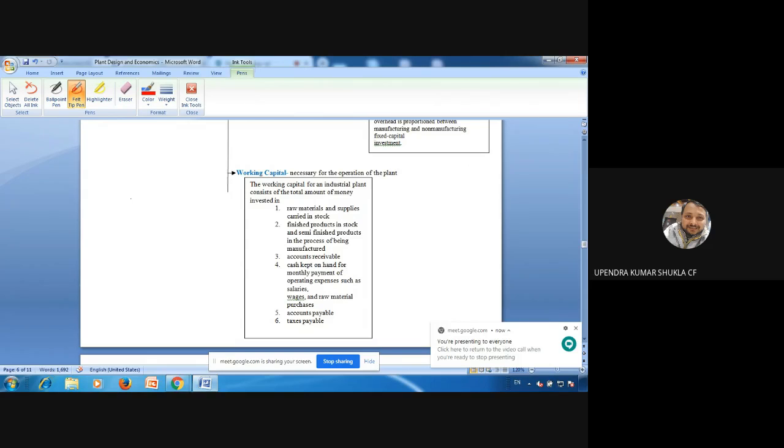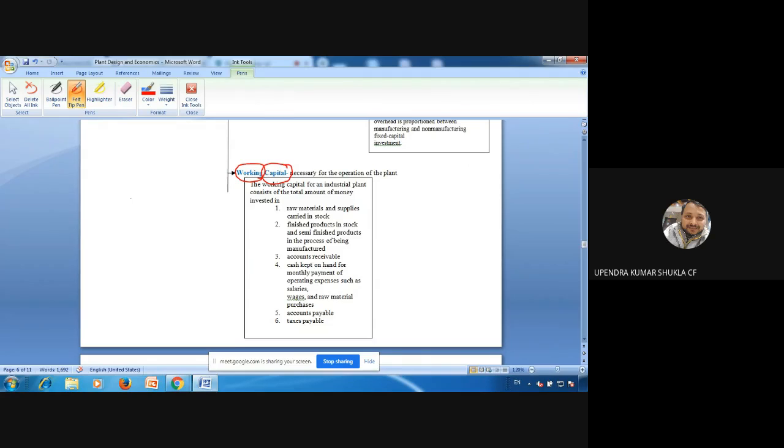Now as far as working capital is concerned, the word working means operation, necessary for operation of the plant. So capital means money that you have saved, and working capital means whatever capital saving you have, you need to invest it. So some part of your saving will be invested as working capital.